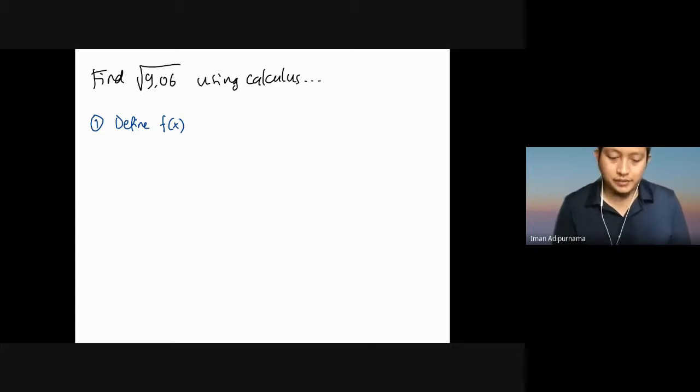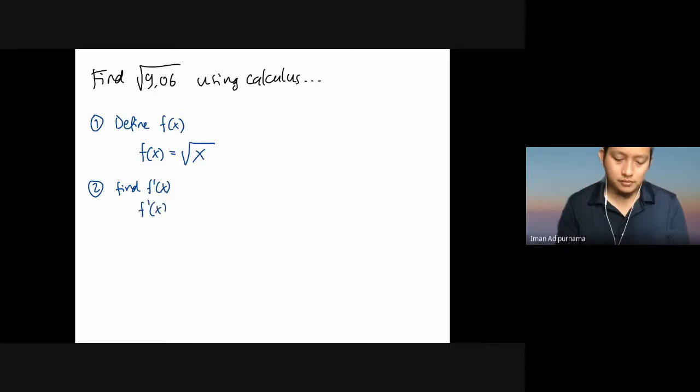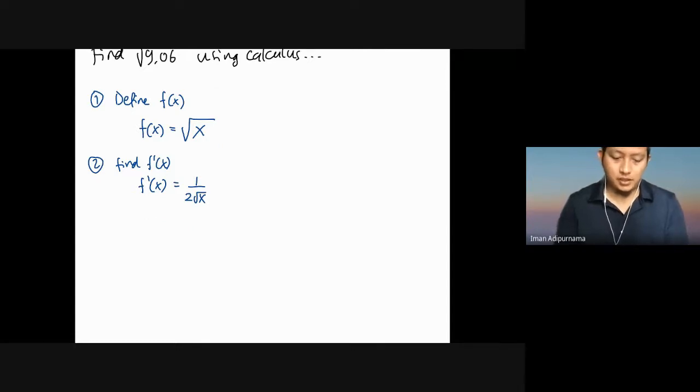Here we just have the square root of something, so we can just use the square root of x, which we already used in the first example in the intro. And second, find the derivative. And then you have the formula for the linear approximation.